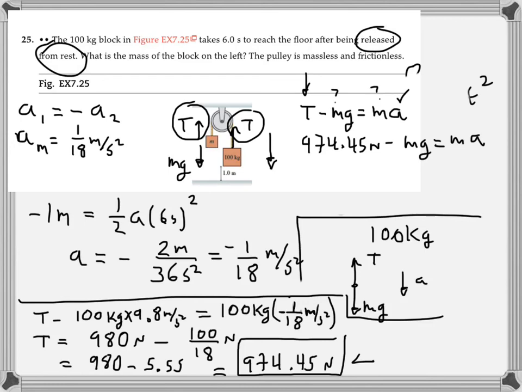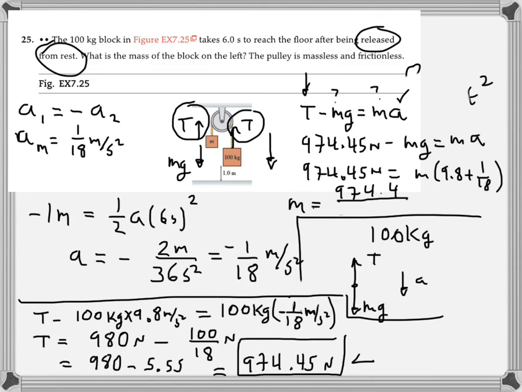Again, remember that we're looking for the mass, so we're going to put everything that has a mass together. So 974.45 newtons equals mass times the factor of g, which is 9.8, plus the acceleration, which is 1 over 18. So the mass will be 974.4 divided by, what is 9.8 plus 1 over 18?